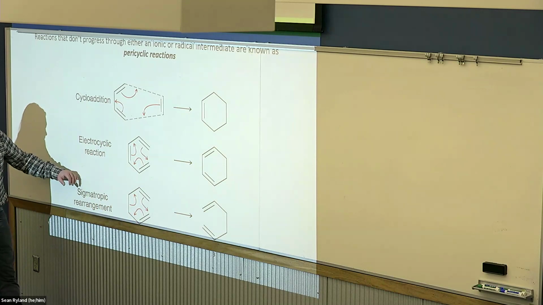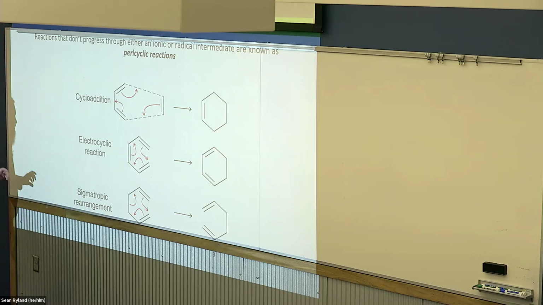In a sigmatropic rearrangement, we wind up with the same number of pi bonds and sigma bonds at the end as we started with. So it is a rearrangement, and it's not one that has a huge thermodynamic push towards the products.